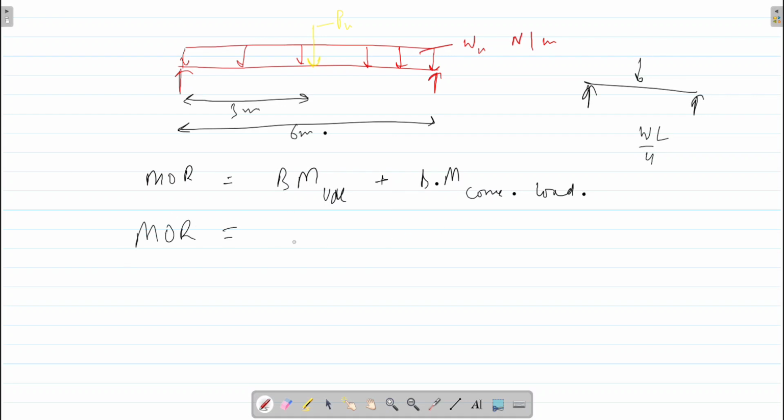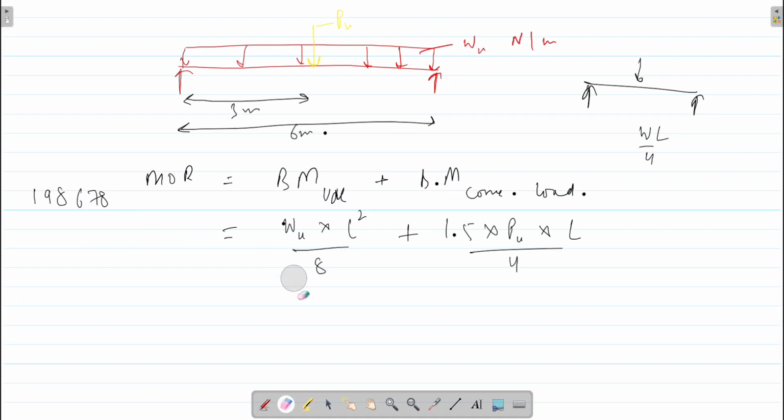MOR is equal to WU into L square upon 8 plus, now we'll factor the load, so 1.5 into PU into L upon 4, and here MOR value is 198,678.